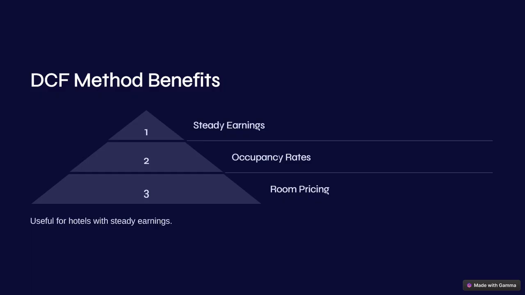So this method has the benefit that it will be useful for hotels with steady earnings. Now we will move further to some examples based upon the discounted cash flow method, to see how to calculate the value of a hotel by using it.